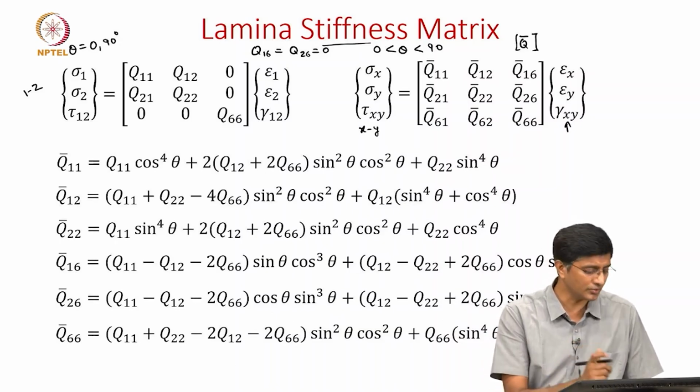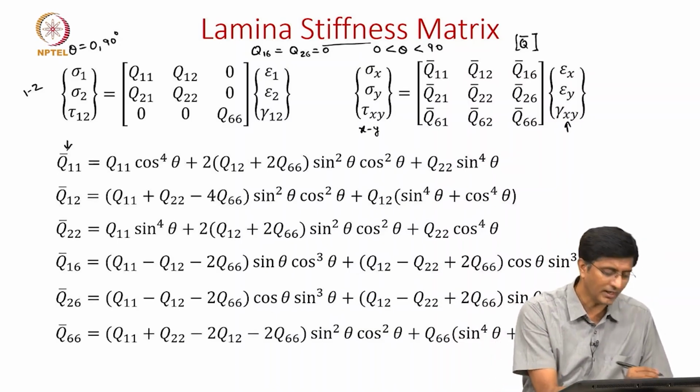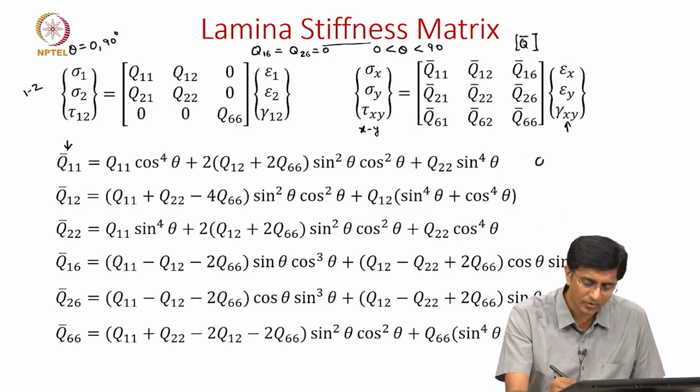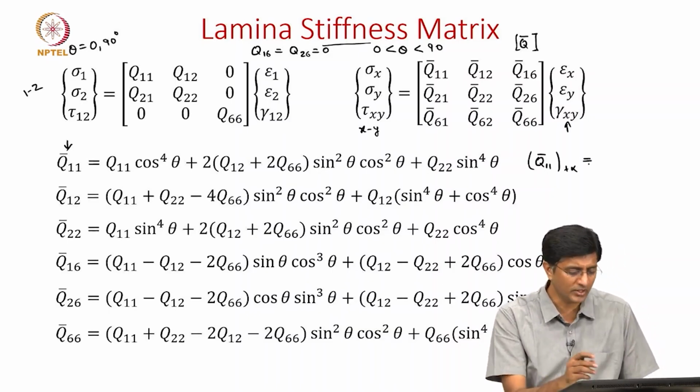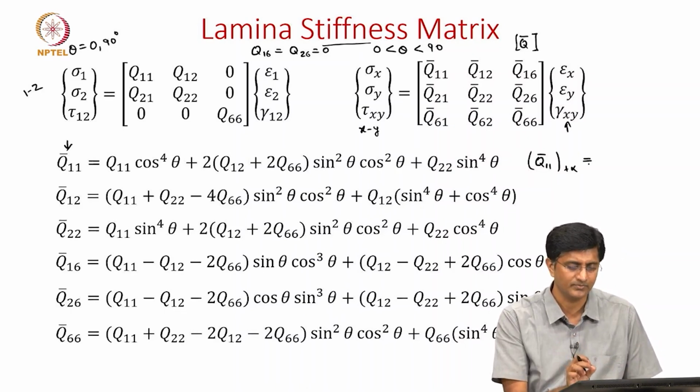Now let's focus on the first equation, Q11. The idea is to see how this will change whether the angle is plus or minus. So let's say we are talking about Q11 for an angle of plus alpha. How is this related if the orientation angle is changed to minus alpha?